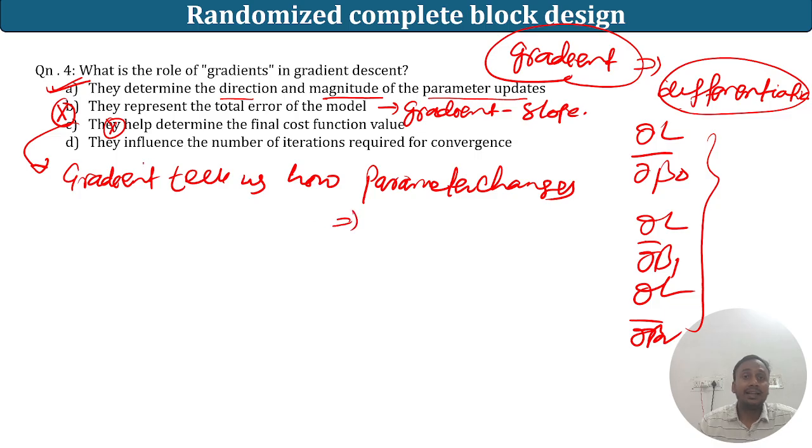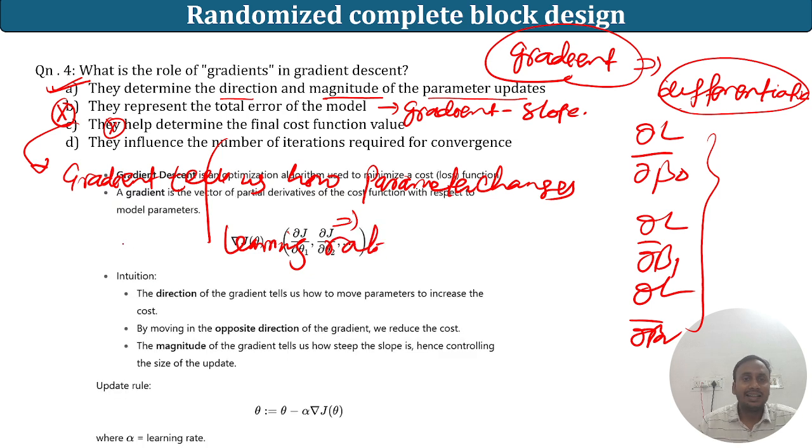Okay. Do they influence the number of iterations for convergence? No, again it's the concept of learning rate. In gradient optimization, what we are doing is minimizing the cost function. The direction of the gradient tells us how to move the parameters to increase the cost function, or to minimize the loss.